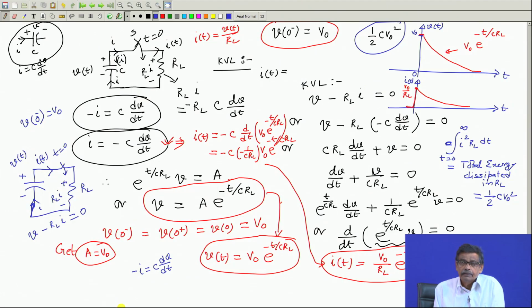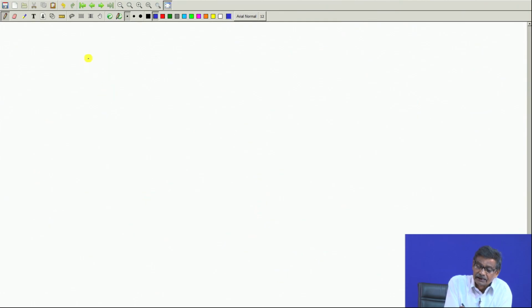Similarly, suppose somebody has an inductor, I say this is the current, and somebody told that I will assume the voltage across the inductor to be like this, this is L. He is absolutely fine, you can choose your direction of the current or voltage, but once you do that you cannot play with this.